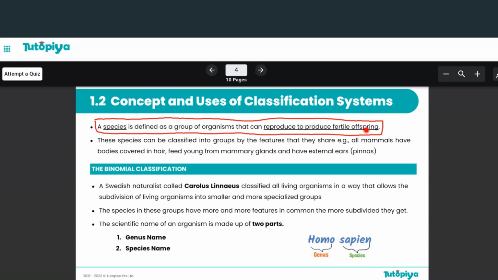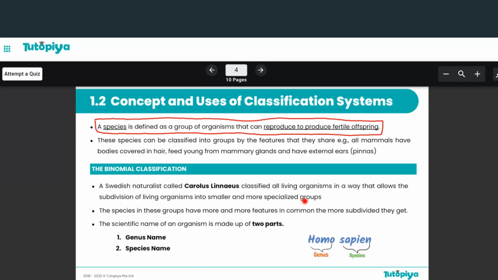Now, when talking about classification, there's an important scientist who contributed a great deal to classification, a Swedish scientist named Carolus Linnaeus. Now, Linnaeus, basically what he did was he classified all living organisms in a way that allows the subdivision of them into smaller and more specialized groups.